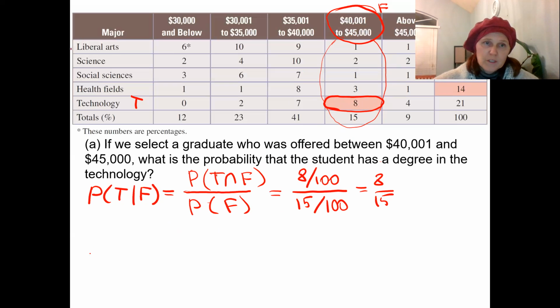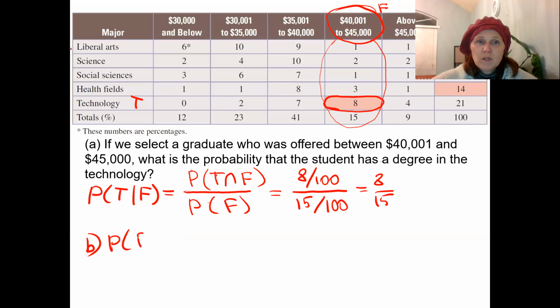Let us also find the probability for a student with a major in social sciences. What is the probability that the student gets below 30?